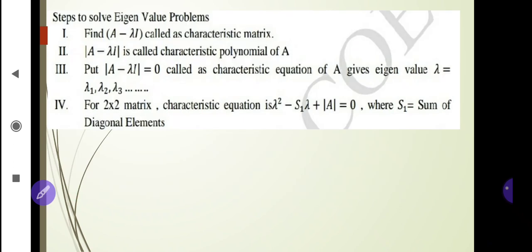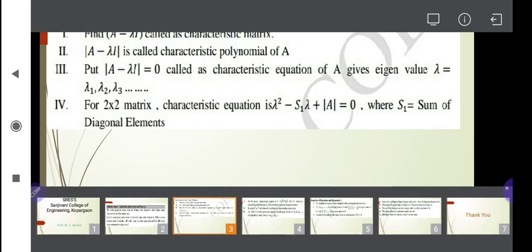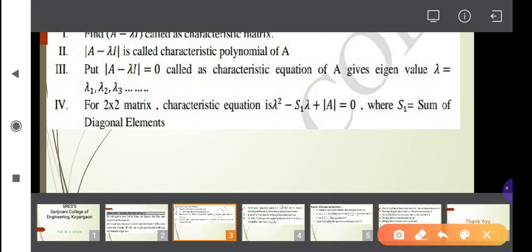Now the steps to solve the eigenvalue problem, that means how to find the eigenvalues and then, by using them, the eigenvectors. In step 1, we calculate the matrix A minus lambda I, called the characteristic matrix.